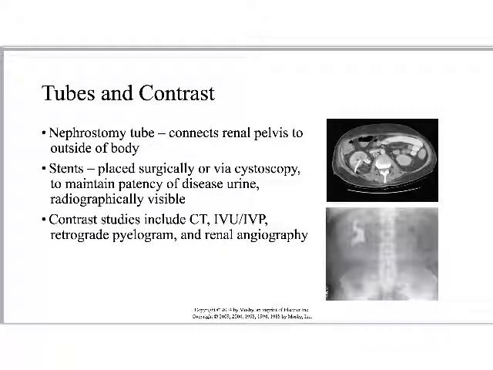In the world of fluoroscopy, we might do these IVUs or IVPs. The important thing here is the IV. This is intravenous, so we are injecting contrast into a person's brachiocephalic vein or wherever. That contrast is filtering through the blood system and winding up where? At the kidneys, where blood is filtered out.